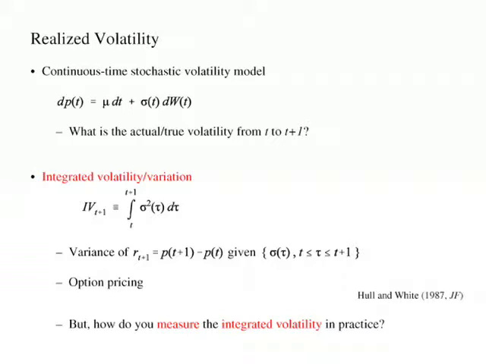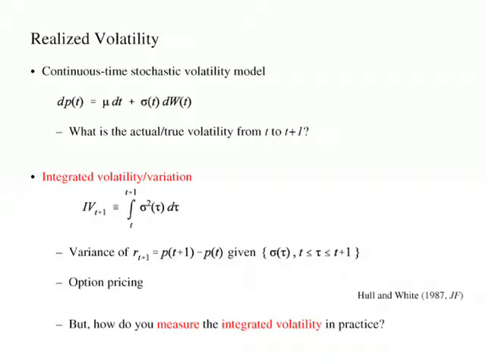There are many different ways you can justify why that is the right way of thinking about the volatility, but the way I like to think about it is this. Suppose somebody actually told you what this latent volatility process was, the sample path realization of the volatility from time t to t plus 1, which is not going to happen, but suppose you got that.